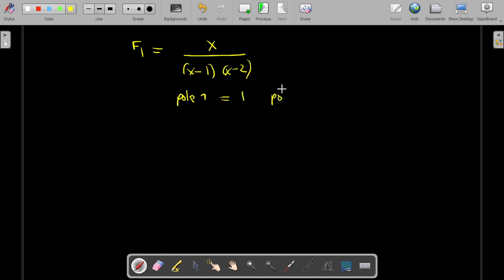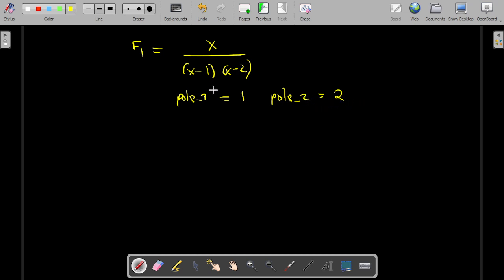The second pole, pole 2, is going to be equal to 2, because if we substitute 1 here, the polynomial b, which is the denominator, is going to be 0. So 1 is a root of the polynomial b. So we have pole 1, which is 1, and pole 2, which is 2.